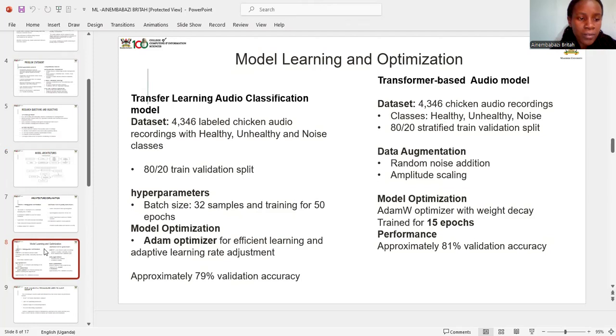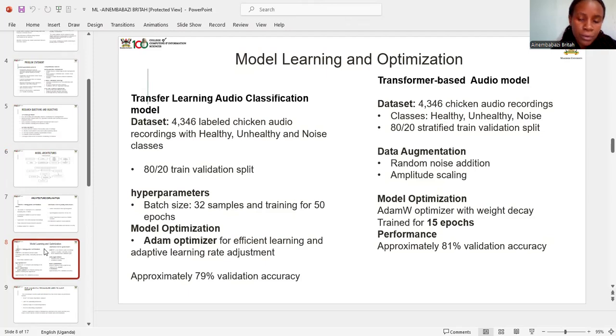To improve the model's ability to generalize to real farm environments, data augmentation techniques were applied, that is, random noise addition and amplitude scaling.